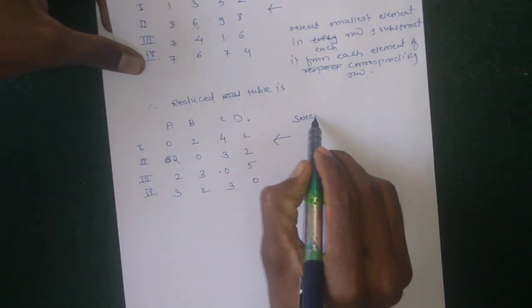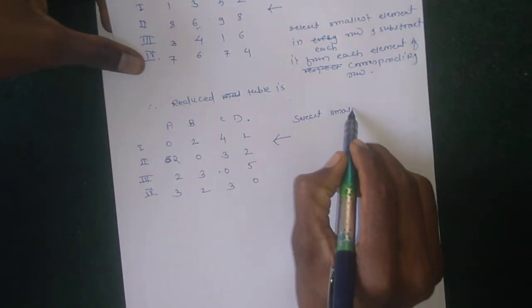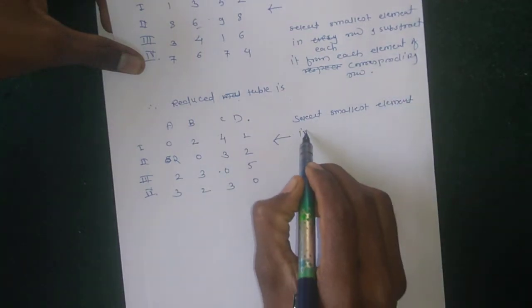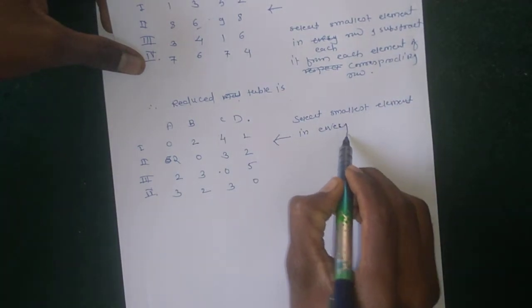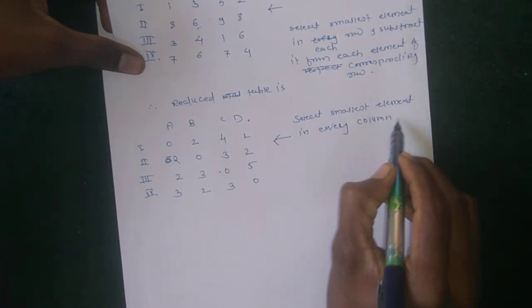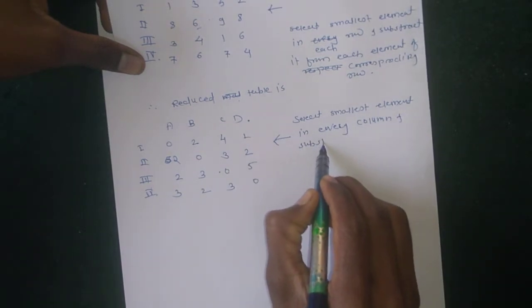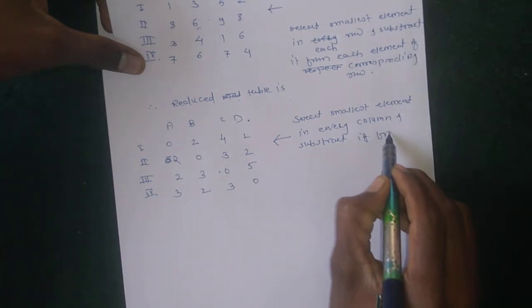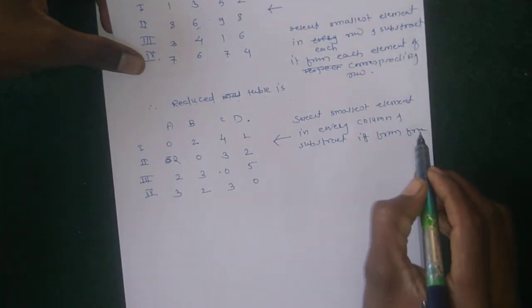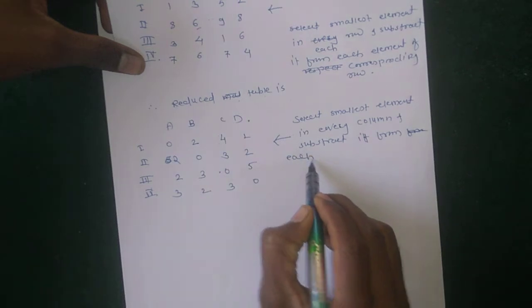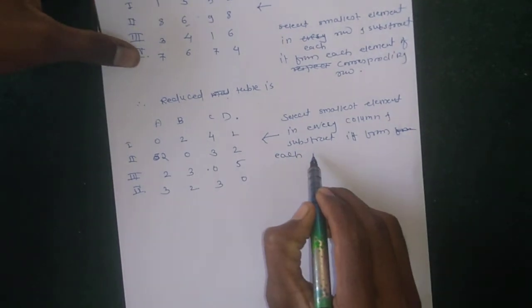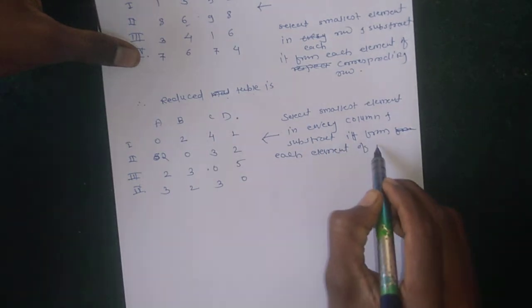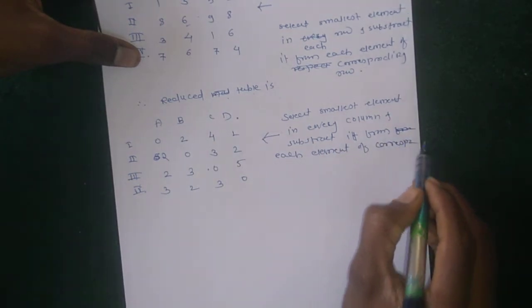Then select the smallest element in every column and subtract it from each element of the corresponding column.